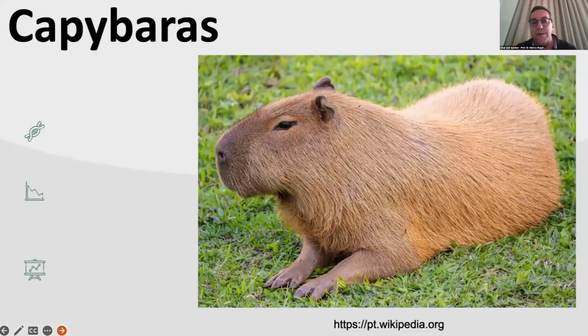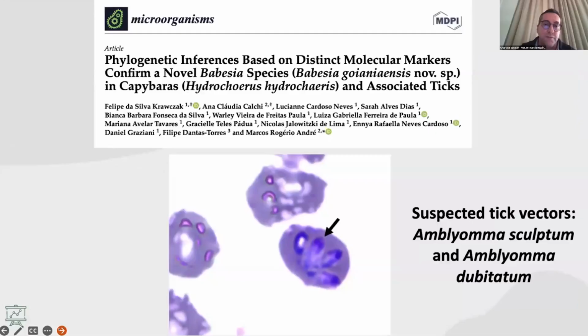What about capybaras? So let's jump to rodents. Capybaras are large rodents that have huge importance in Brazil because they are amplifiers for Rickettsia rickettsii, which is the causative agent of Brazilian spotted fever.